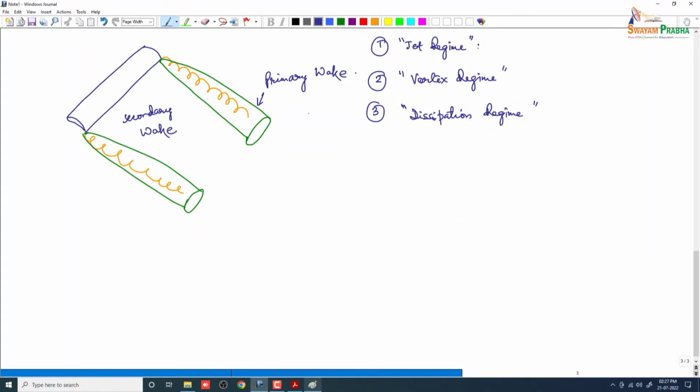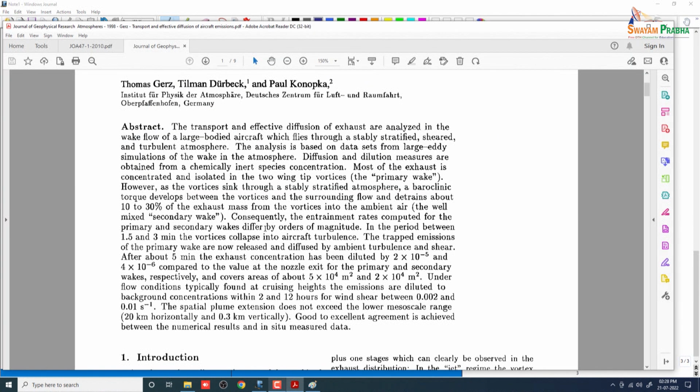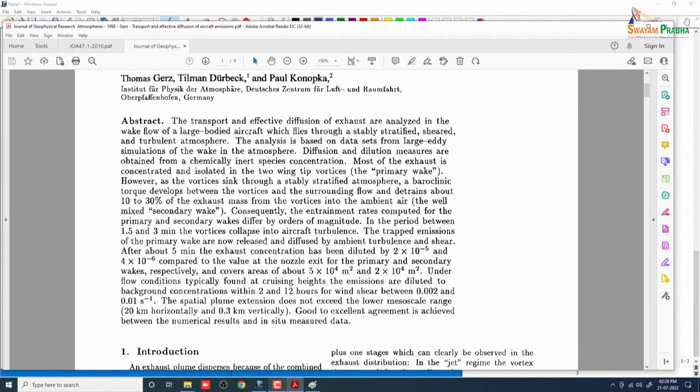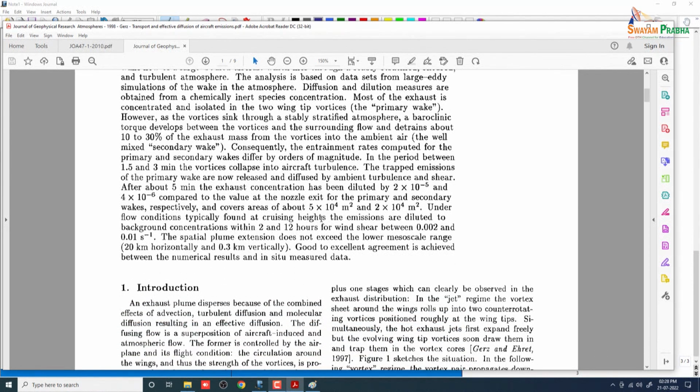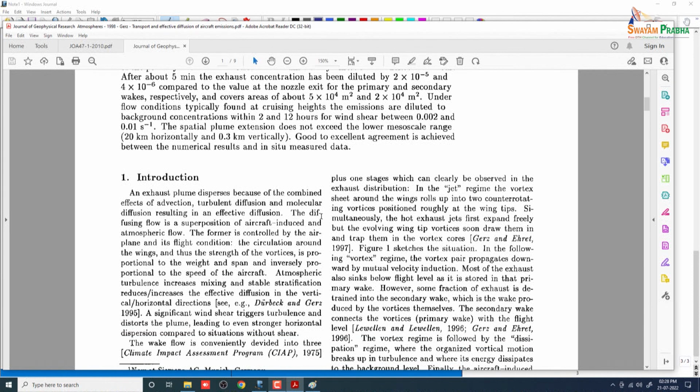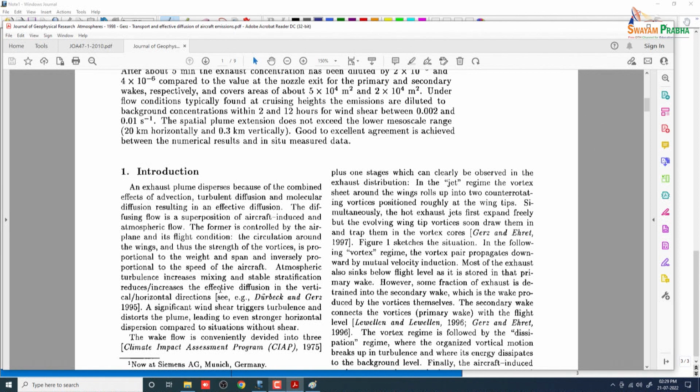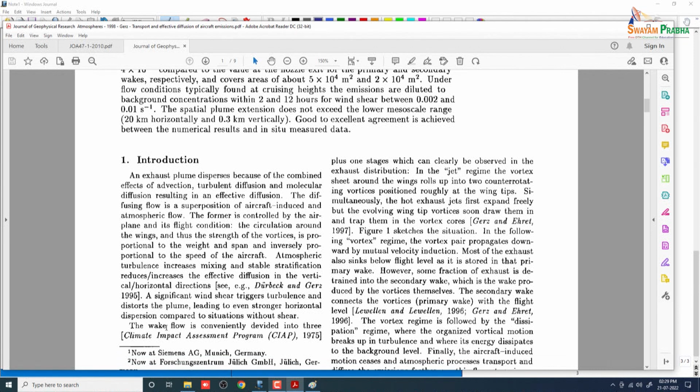If you look at this reference, between say 1.5 and 3 minutes, they find that there is no turbulence. So like I said, it's finally at the final dissipation stage, when the effect of the aircraft has ceased, that atmospheric turbulence comes in, and atmospheric processes transport and diffuse the emissions further.